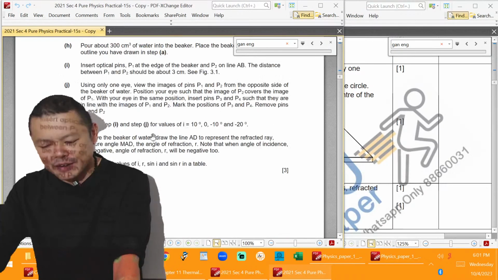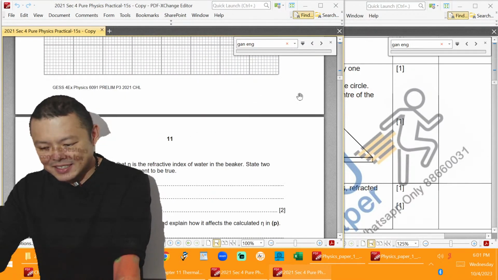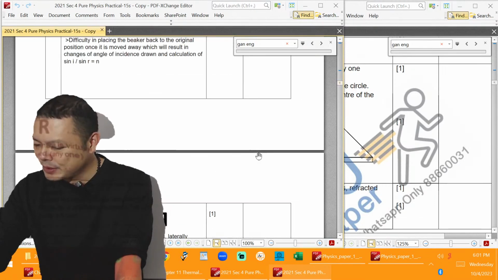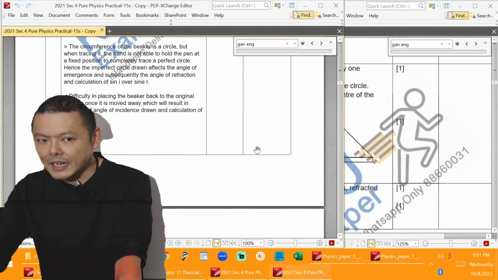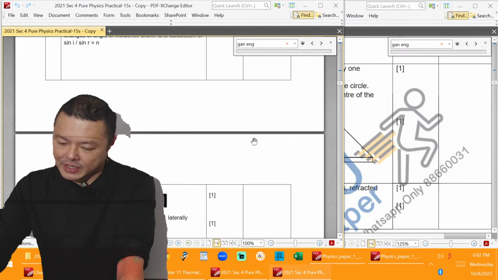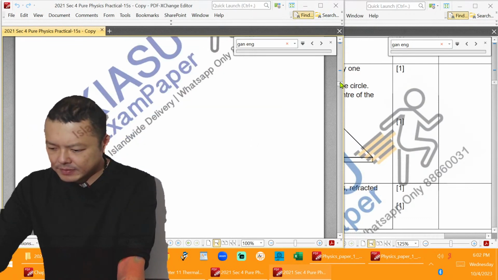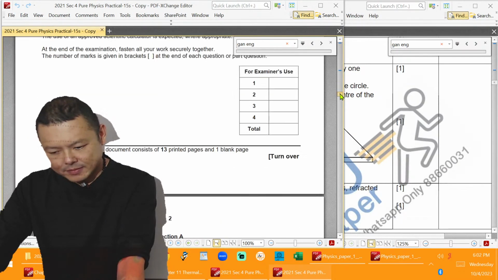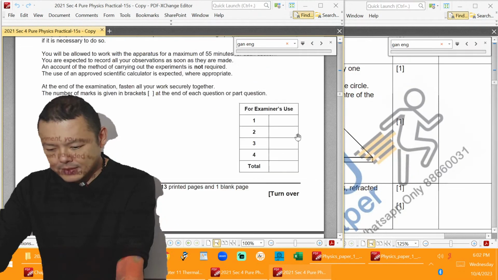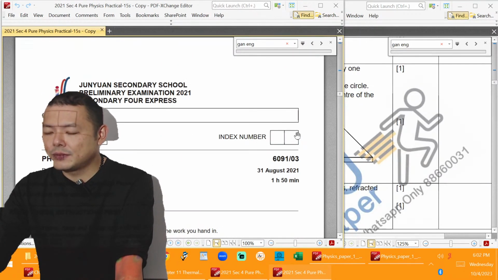Electricity, what's the key source of error? The wires heat up. So what are you supposed to do? Switch it off when not in use. Let it cool down before taking the next reading, or wait for it to stabilize.